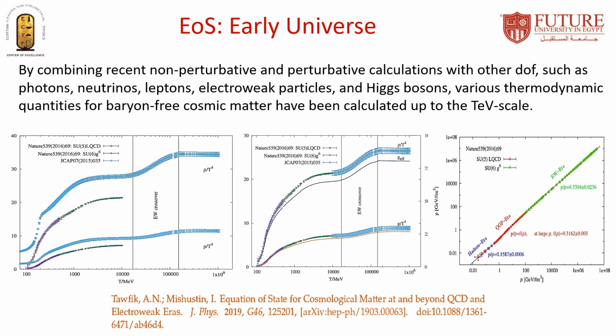What is the situation of our knowledge about the equation of state? For the early universe, I'm showing here non-perturbative lattice QCD compared with perturbative QCD. The non-perturbative results are the upper blue symbols, which are higher than the perturbative ones.